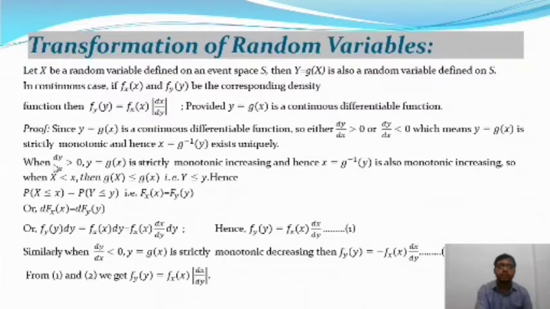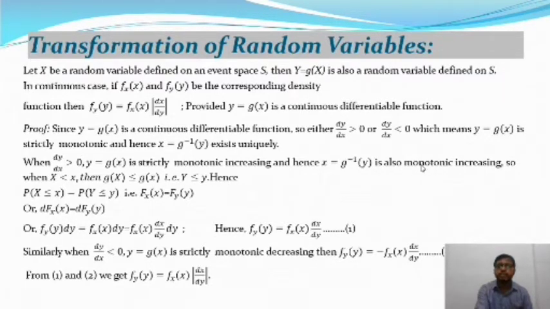Now we will take two cases. The first case is where dy/dx is greater than 0, and the second case is where dy/dx is less than 0. So when dy/dx is greater than 0, y is equal to g of x is a strictly, monotonically increasing function, and hence x is equal to g inverse of y is the inverse function, which also exists, and it is also monotonic increasing.